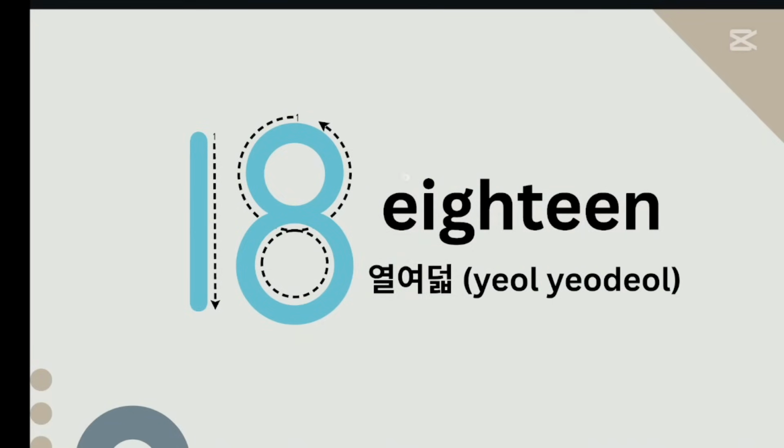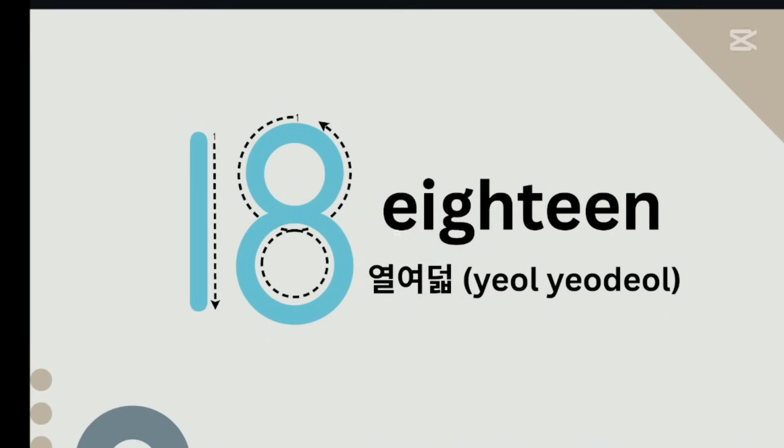So next number that we have is number 18. So we just copy or write the spelling of number 8, but we don't need to double the letter E or double the letter T for the word teen.